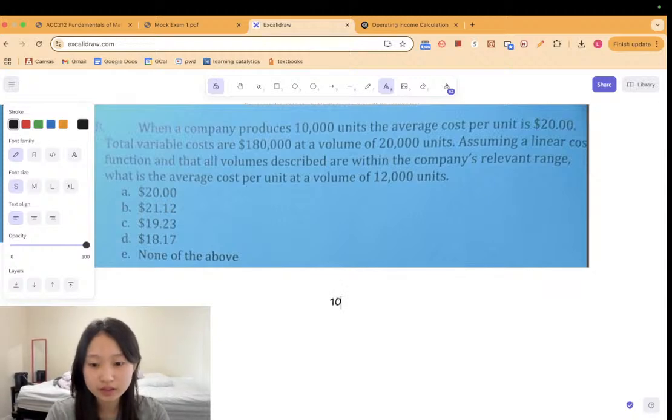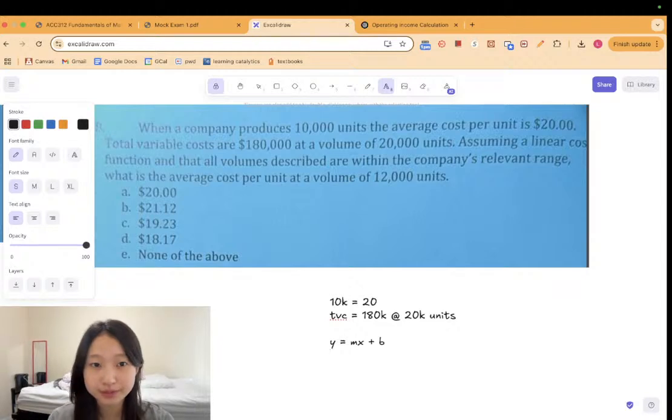Okay, so at 10K units, the cost per unit is $20. And then total variable cost is 180K at 20,000 units. A linear cost function, so it'll follow y equals mx plus b.